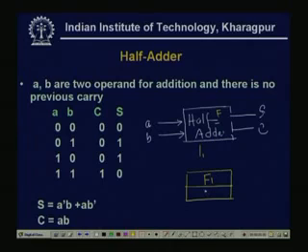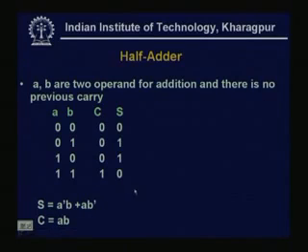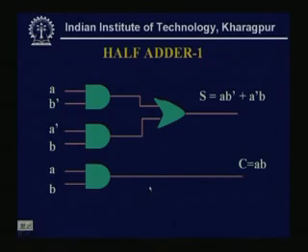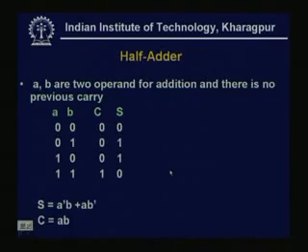I can define this as F1 and F2, where F1 gives the sum S, F2 gives the carry C, and both are fed by A and B. Now if I draw the maps, what will happen?